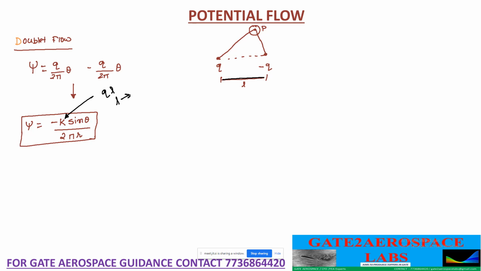That means L tends to 0, not 0, it is tending to 0. They are coming closer to each other. That is a limiting situation. So as of now, you consider k is Q into L, where Q is the strength and L is the distance between them.